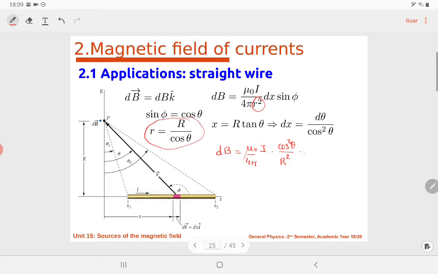Then instead of differential of x, we would put the differential of theta divided by the square of the cosine, because instead of using this, I'm using this. And instead of the sin of this angle, I'm going to put the cosine of theta.